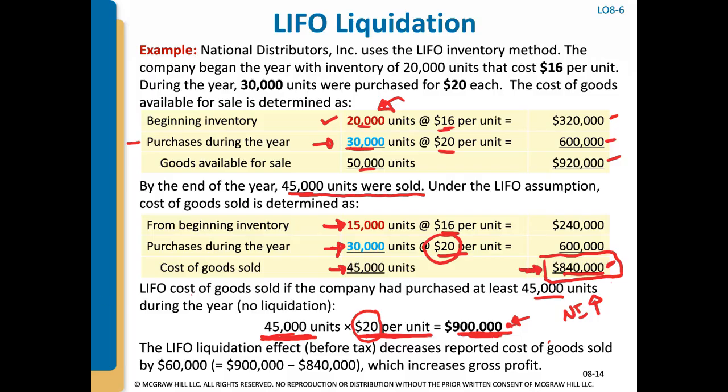However, the lower cost of goods sold number is an anomaly because it just happens to be this year that you sold more inventory than you purchased. So you don't want to mislead the reader of the financials. So you would have to disclose that.